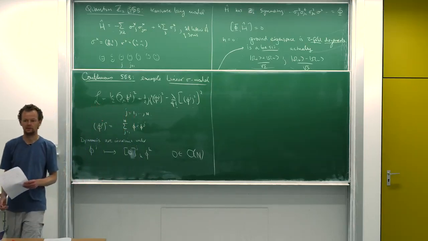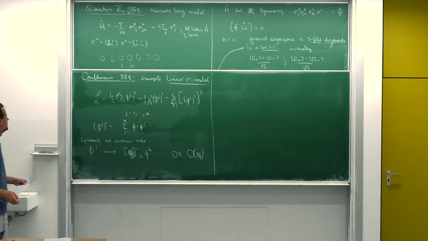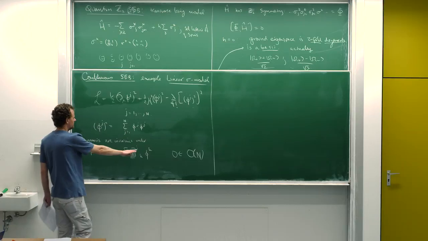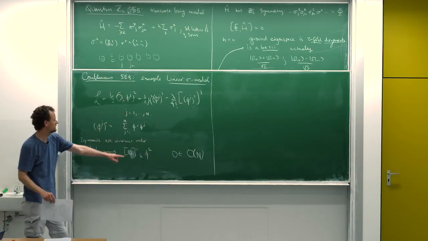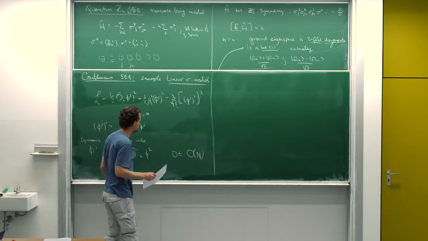For any n by n orthogonal matrix, if you redefine the fields according to this formula here, everything's invariant. So this is a continuous group of symmetries here.